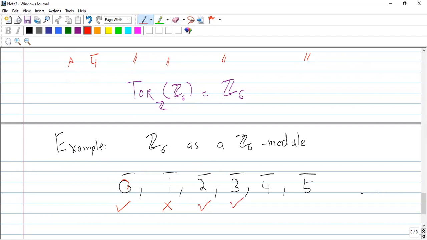3 bar is a torsion element. What about 4? 4 times 3 is 12, so 4 is a torsion element. And what about this 5?